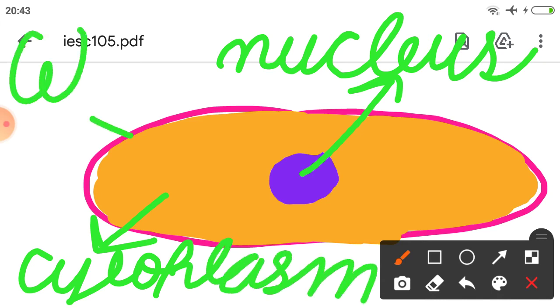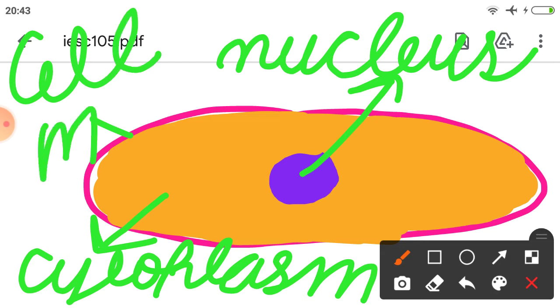This is the cell membrane. So I hope it is clear to you all.